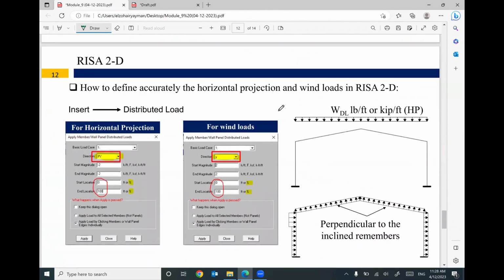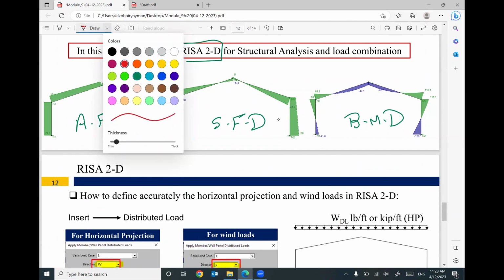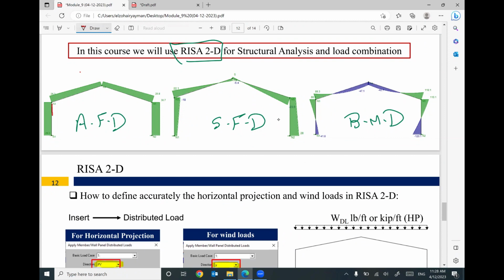They are included here. But just a reminder, if you look at this member, this is the axial force diagram. That means we will have P ultimate equal 29.3 kip.